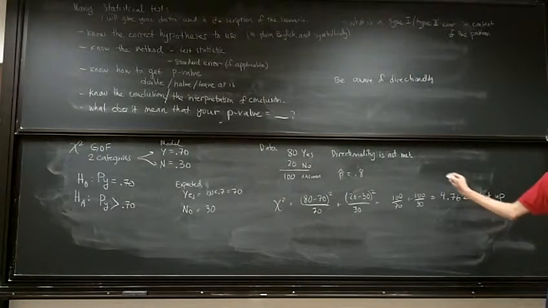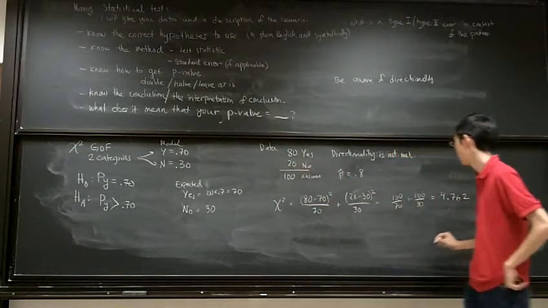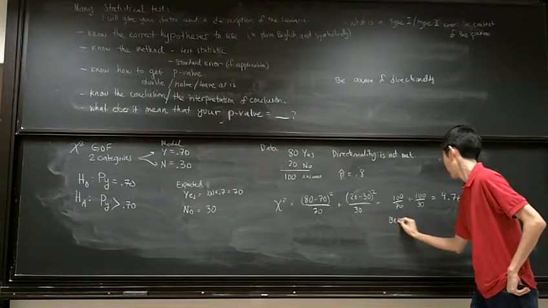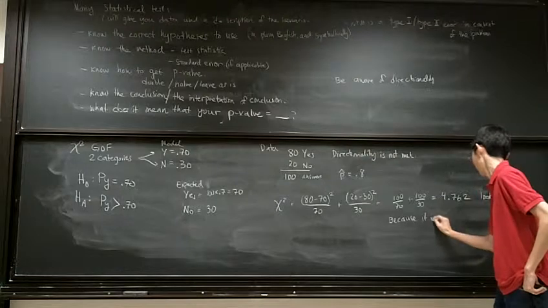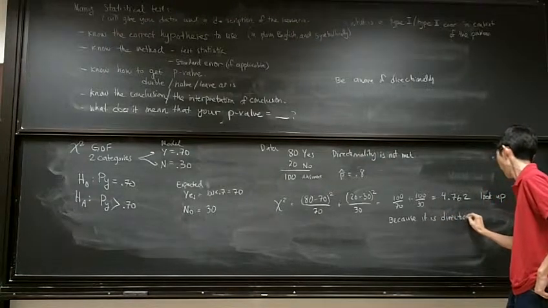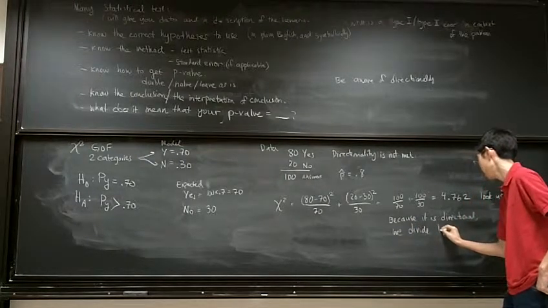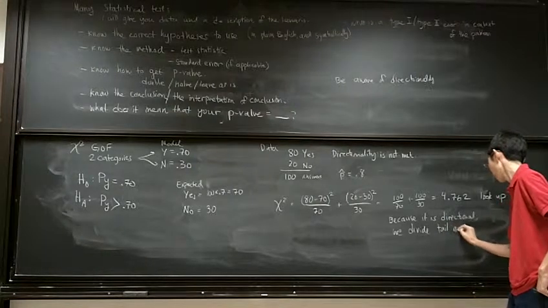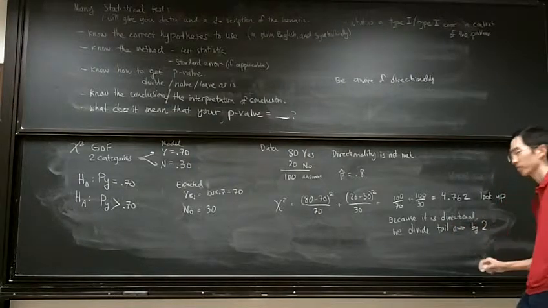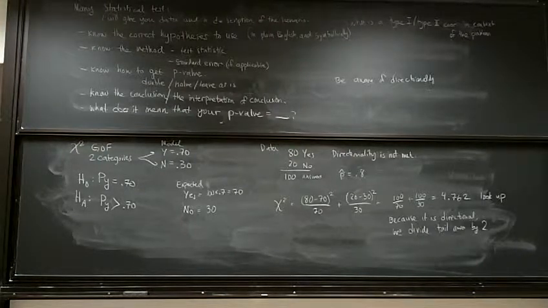And then, because it's directional, we divide the tail area by 2. Did I do that too quickly, or is that okay?